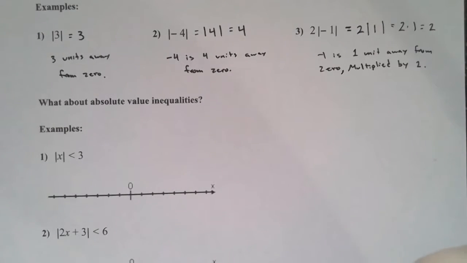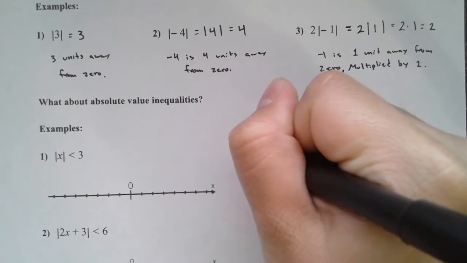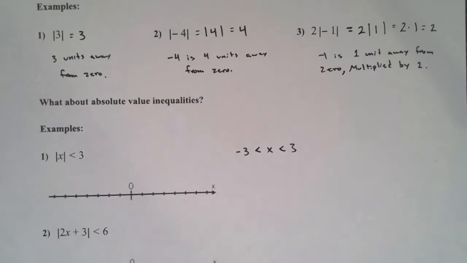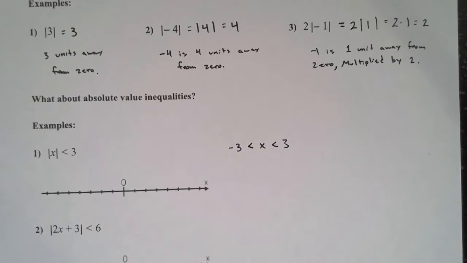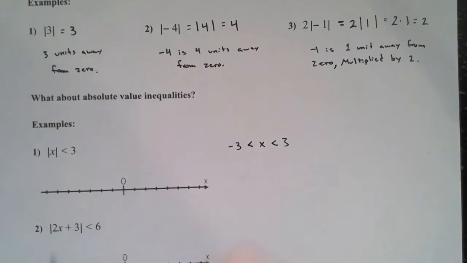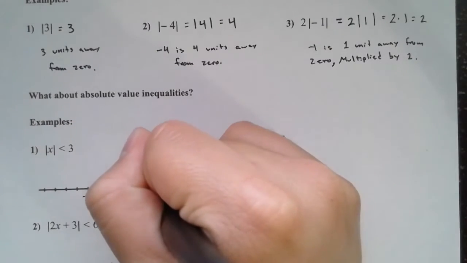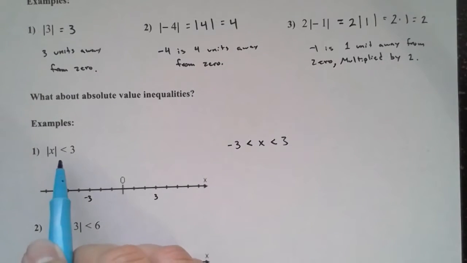So what does this look like? Absolute value of x less than 3. You're going to say that -3 is less than x, which is less than 3, because again, it's the equivalent amount of units away. In your number line, here's -3, there's 3, so I have open circles because it's less than.